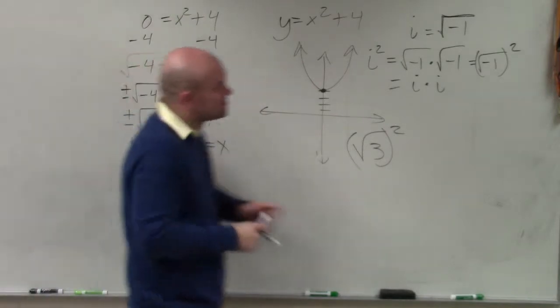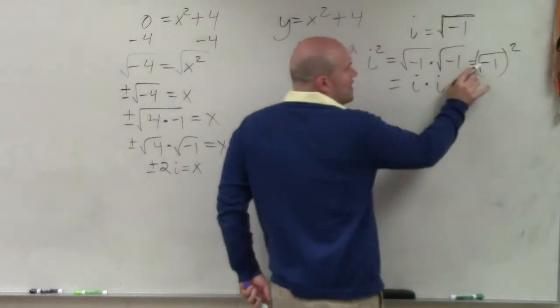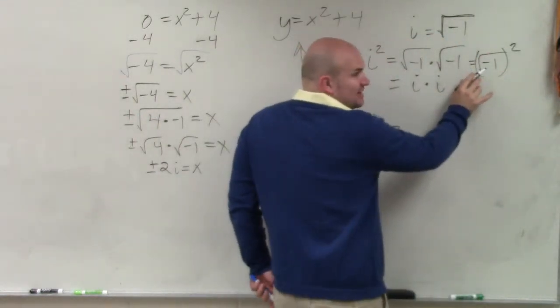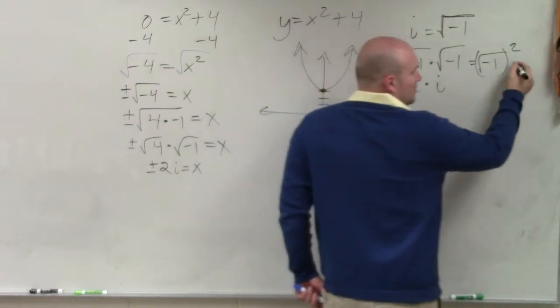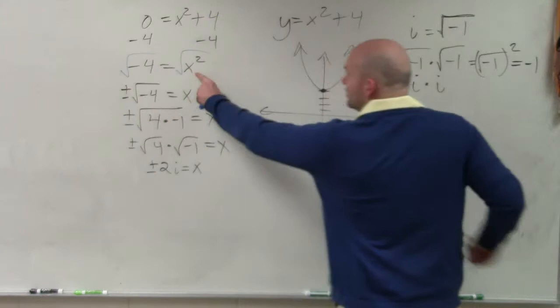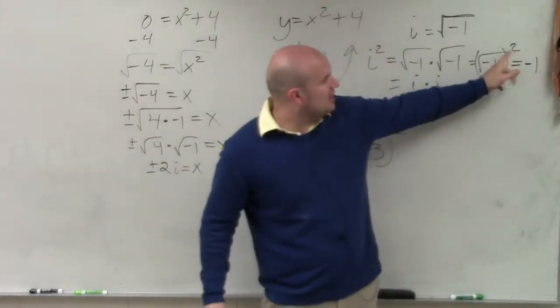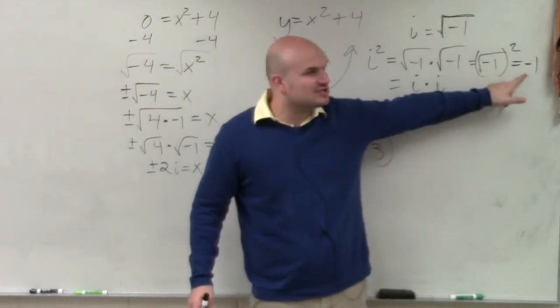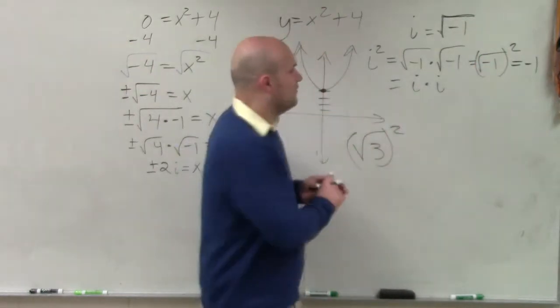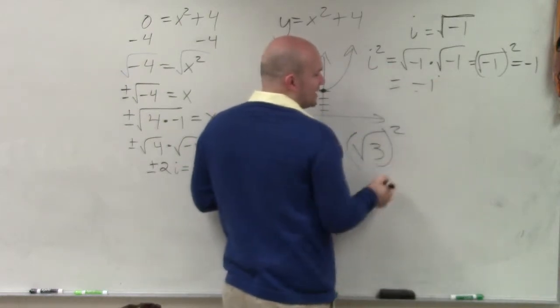They're inverse operations. So if I square the square root of something, what is it going to equal? -1. Just like what we did over here. The square root of x squared is just x. The square root of -1 squared is just going to be -1. So therefore, i squared is equal to -1.